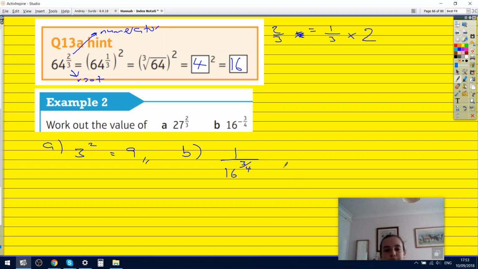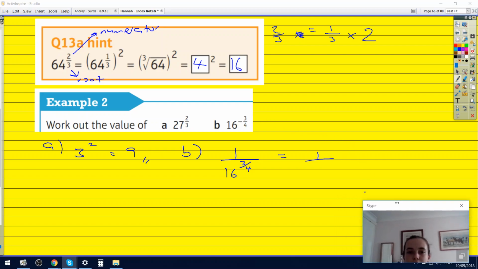And then 1 over 16 to the quarter. So you have to do the, what do you do with the 3, what do you do with the 4? So you root the 4.